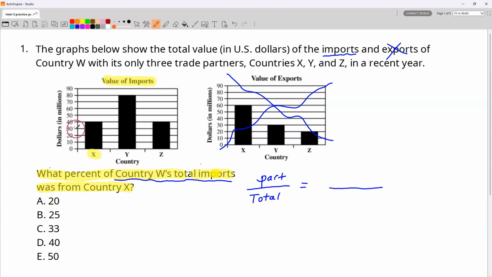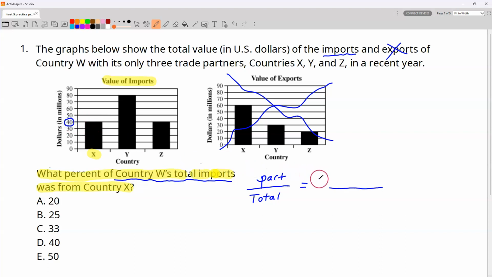So let's see. This says here, dollars and millions, 40. So this really represents 40 million. So this is 0, 10 million, 20 million, 30 million, 40 million, 50 million, and so on. But I'm not going to write it out completely. I'll just put 40 million. So let's say here's X. That's 40 million from right here, if I read this bar graph.